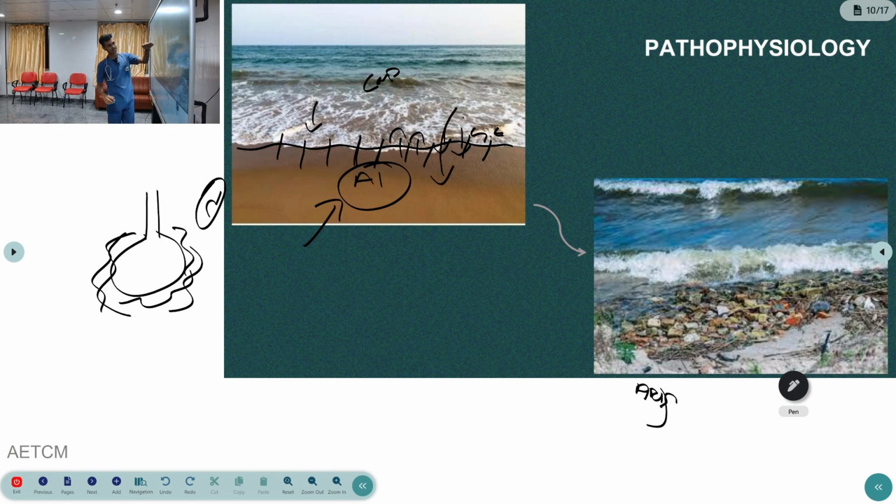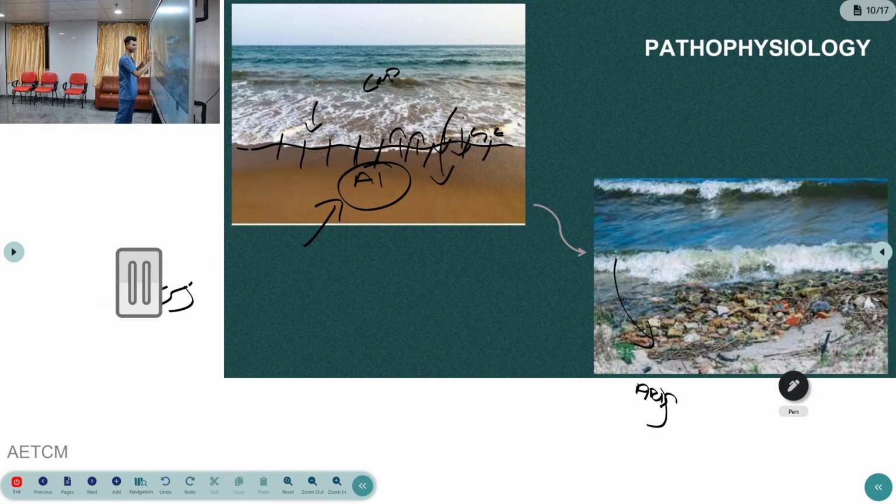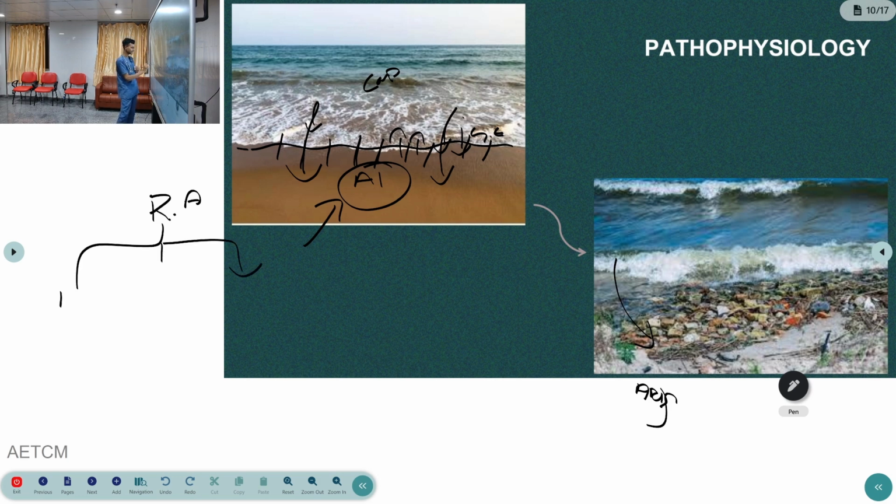Here they describe it as the tide approaching the seashore. When the tide, the water, reaches the alveoli, three major things will occur. First is accumulation of fluid: whatever fluid comes from the capillaries will accumulate in the alveolar area.